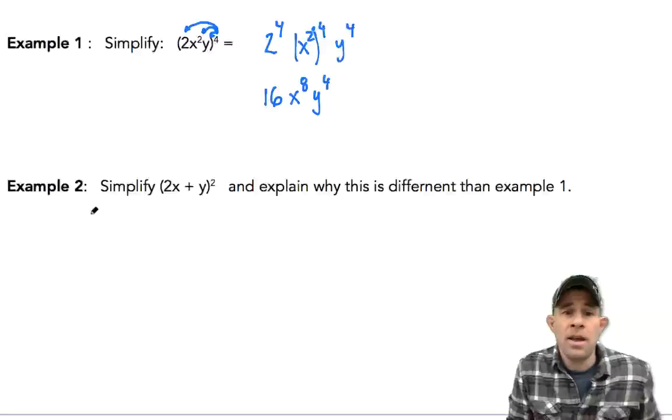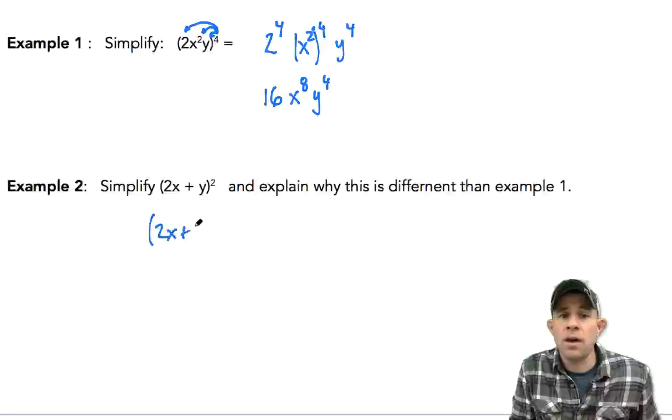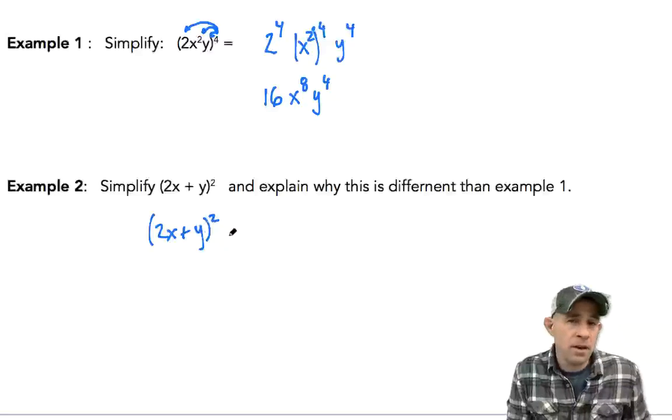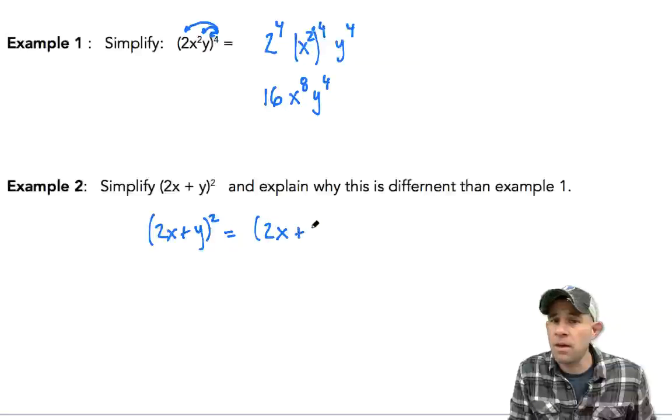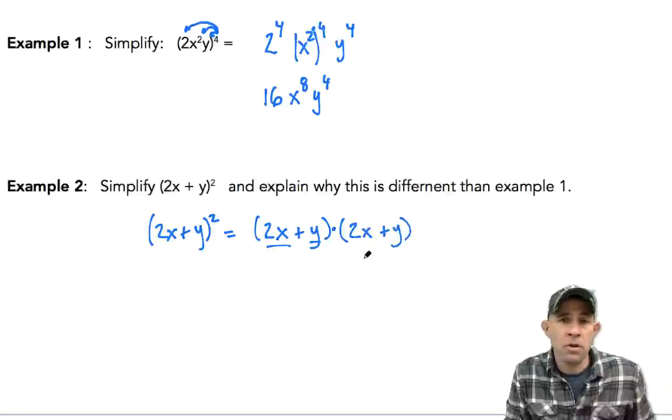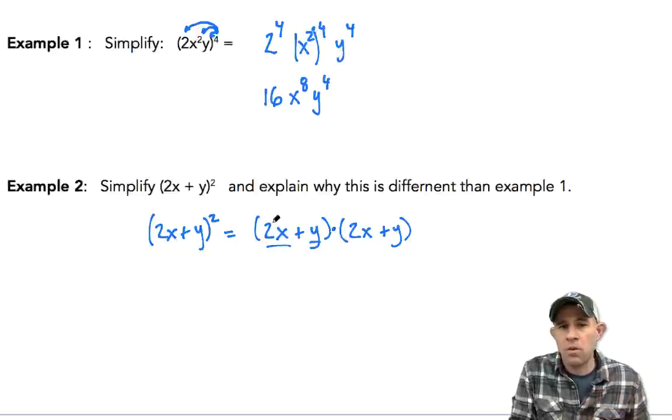All right. Now, let's simplify this expression, 2x plus y squared. Now, this goes back to a few chapters ago when we looked at expanding a binomial. Notice that this is a binomial and not a monomial. It means it has two terms. So when we square that, we actually have to multiply it by itself. And when we do that, we're going to use that FOIL property, or maybe a better way to think about it is just distribution.